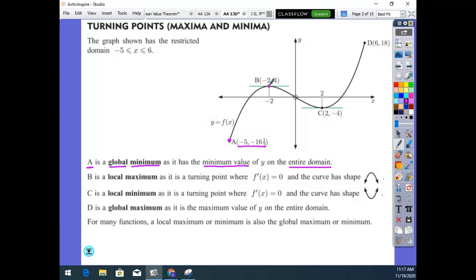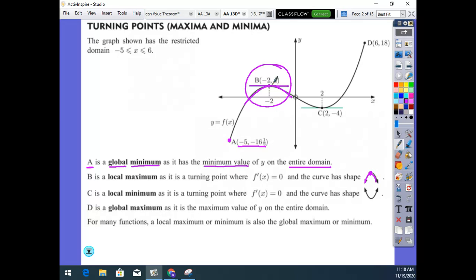Now, do you see how this point here has a 0 slope, horizontal tangent line, in just this little area? If you can draw a circle and it's the high point in that area, it's like the top of a hill. Top of the hill is a local max.